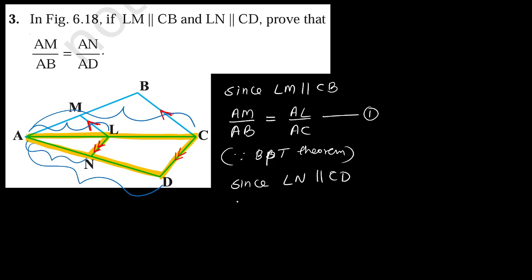You can ask me doubt, but let me complete it. So AL by AC equal to AN by AD, equation number 2. The reason to be written there: BPT theorem, basic proportionality theorem.